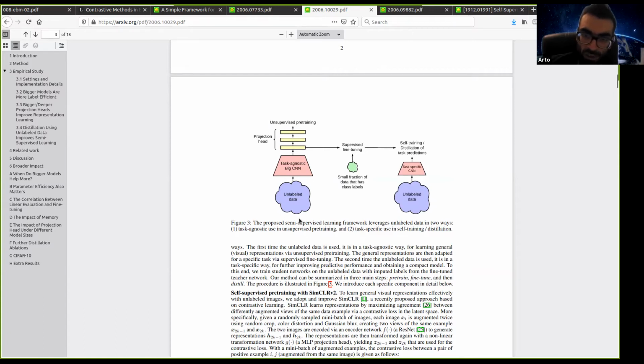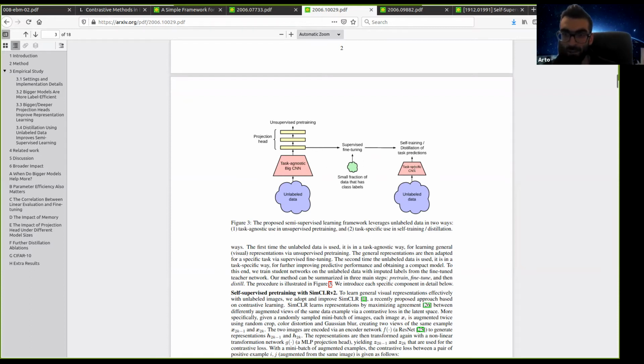So they first do this, we can say, unsupervised or self-supervised pre-training. Then we do supervised fine-tuning. We have some amount of labeled data, and it is much smaller than the amount of unlabeled data. We fine-tune this pre-trained model.